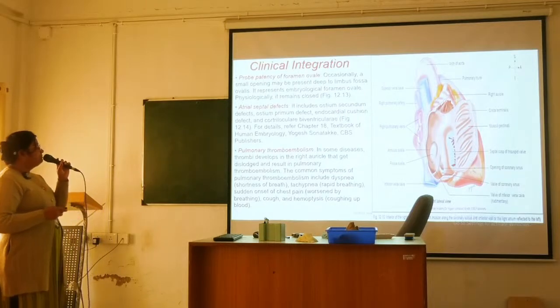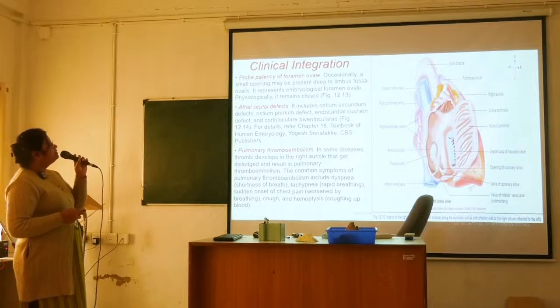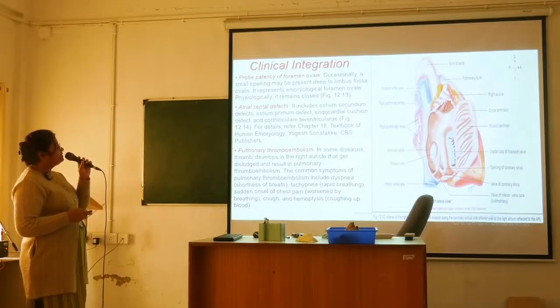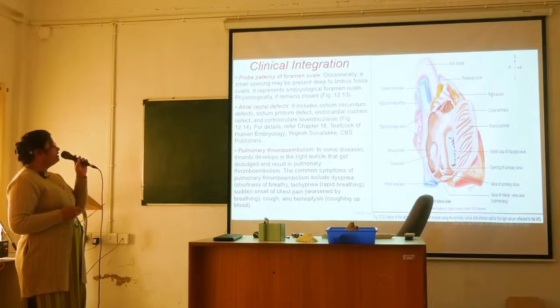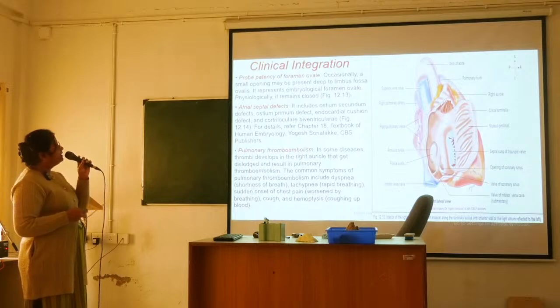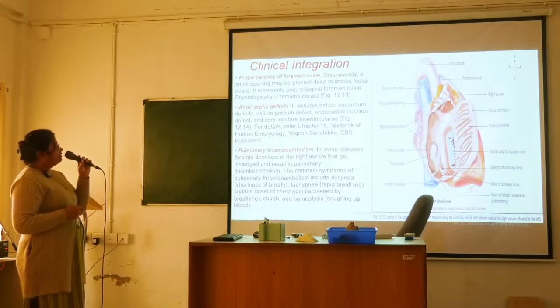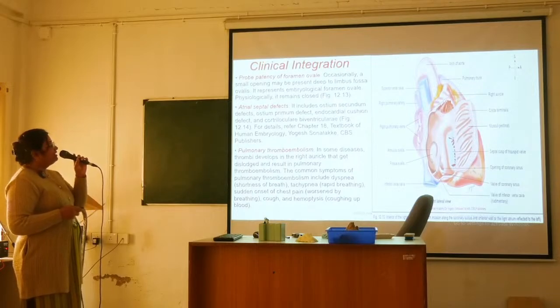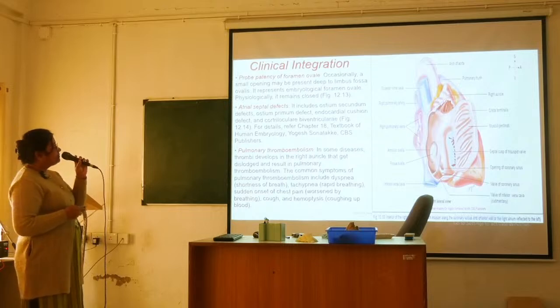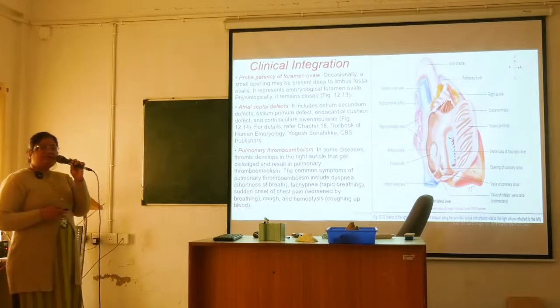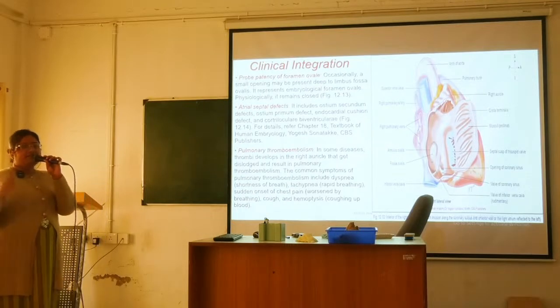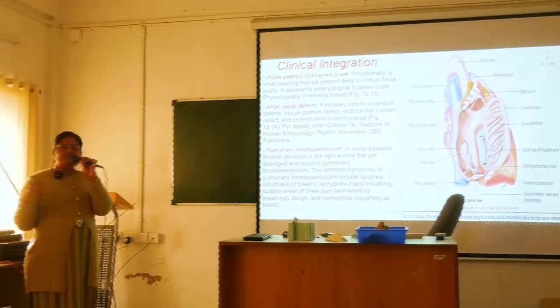Another is atrial septal defects. Different types of defects are present: septum secundum defect, septum primum defect, endocardial cushion defect, cor triloculare biventriculare. Okay, that means the interatrial septum is completely absent, but the interventricular septum is developed. So a three-chamber heart will be formed in that case.